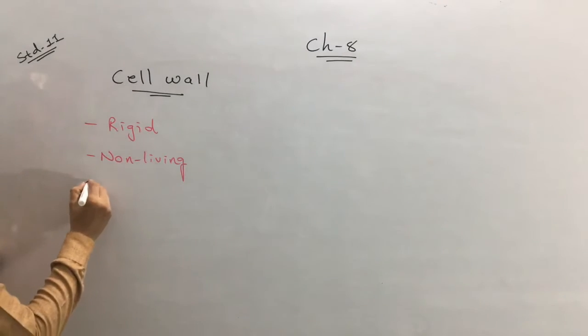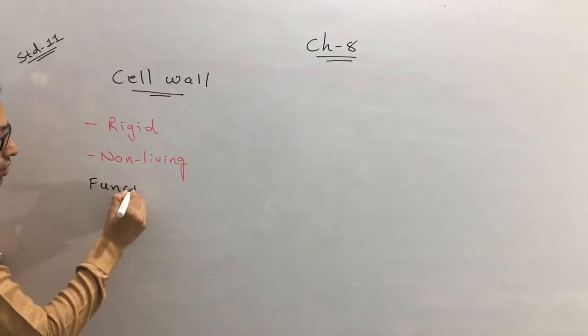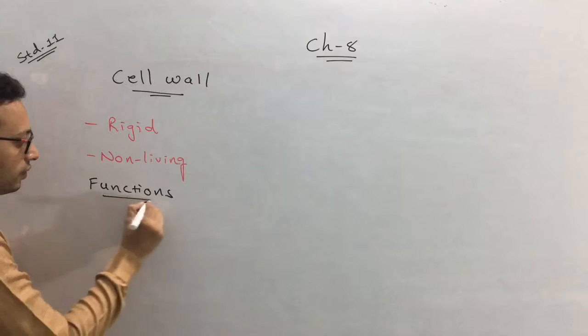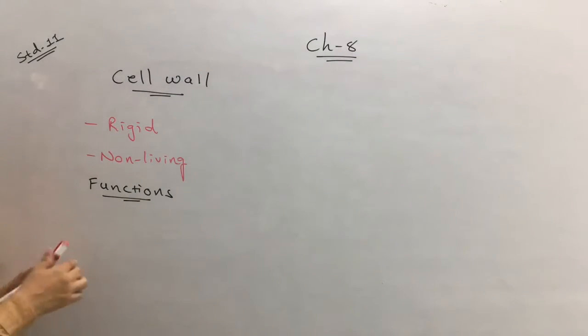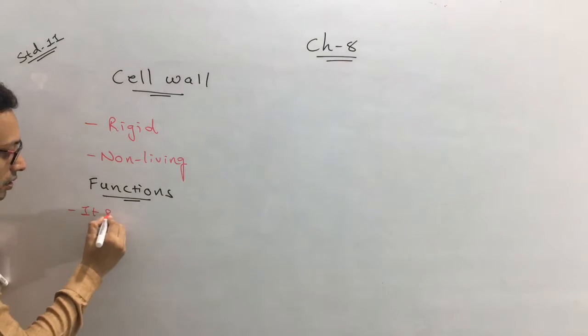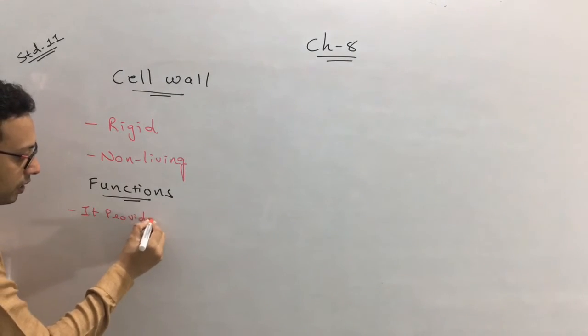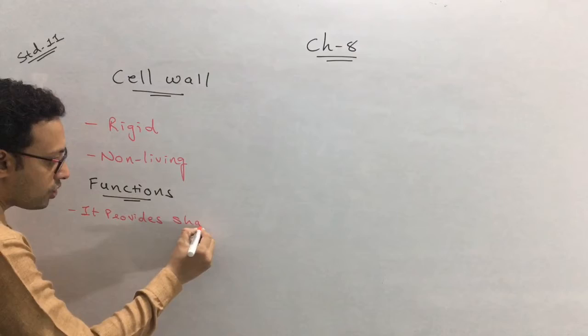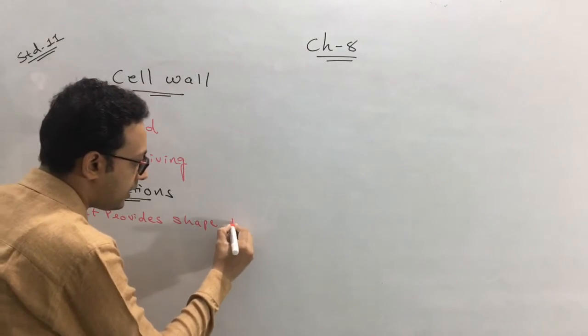There are lots of functions of a cell wall. The first function of the cell wall is that it provides shape to the cell.